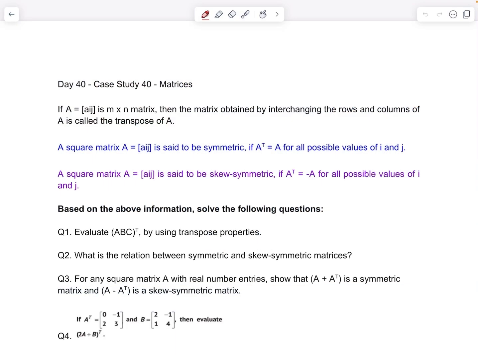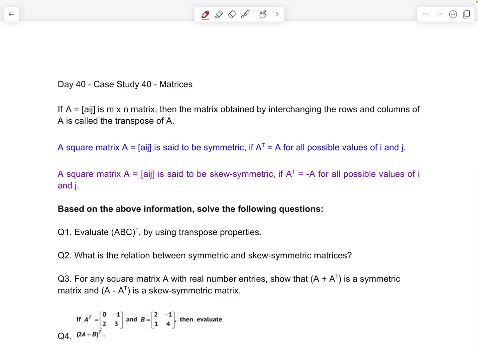The question goes like this: if A is an m by n matrix, then the matrix obtained by interchanging the rows and the columns of A is called the transpose of A. Second line says a square matrix A is said to be symmetric if A transpose is equal to A for all possible values of i and j.